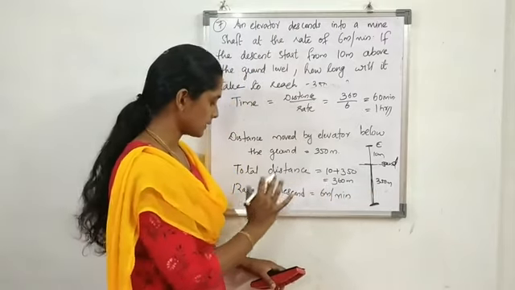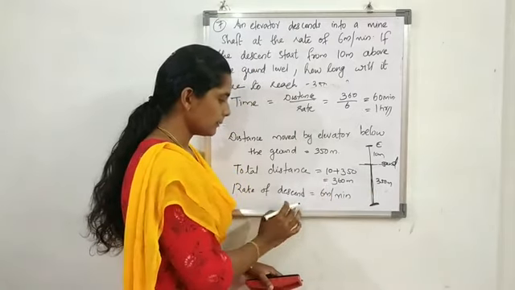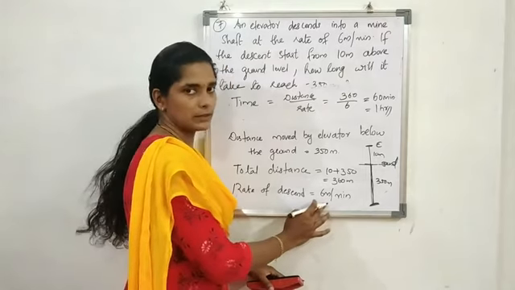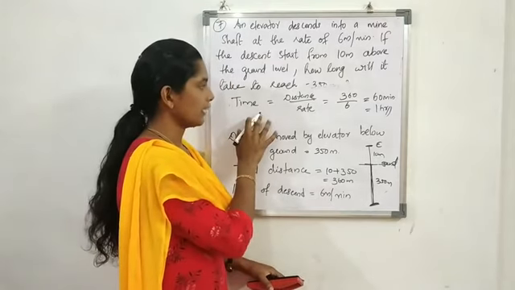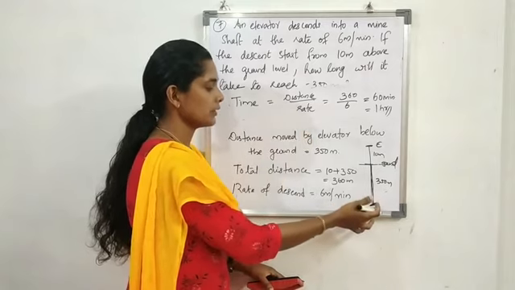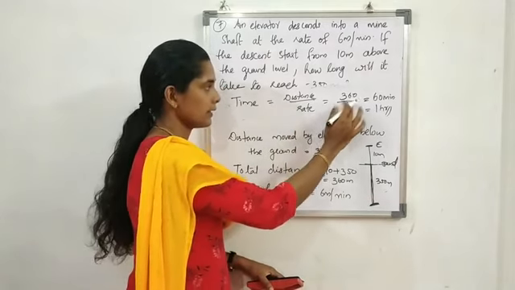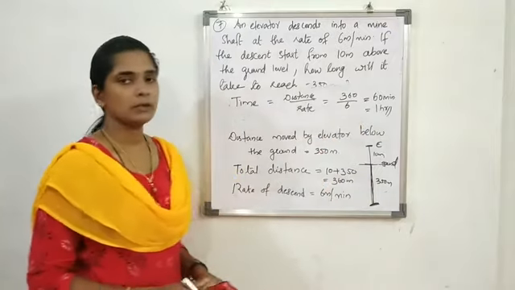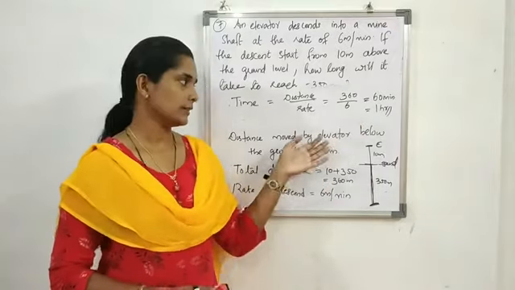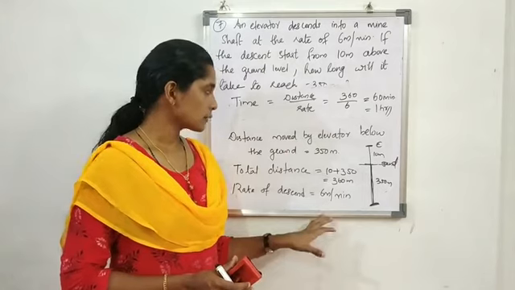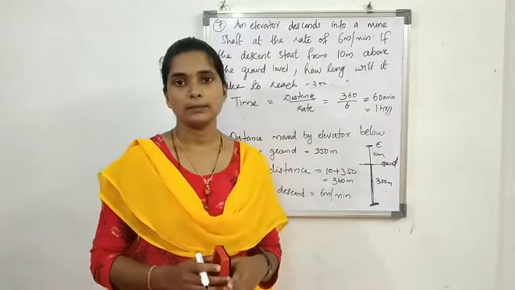Then the rate is 1 minute it will go 6 meter. Then we have to find the time at which it reached here. Therefore time is distance upon rate, 360 by 6, that is 60 minutes, or we can convert to hours, that is 1 hour. This is the last question of this exercise.